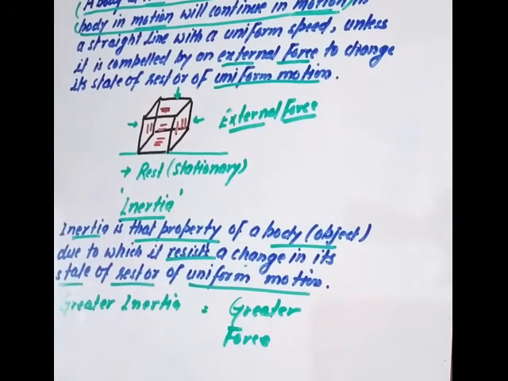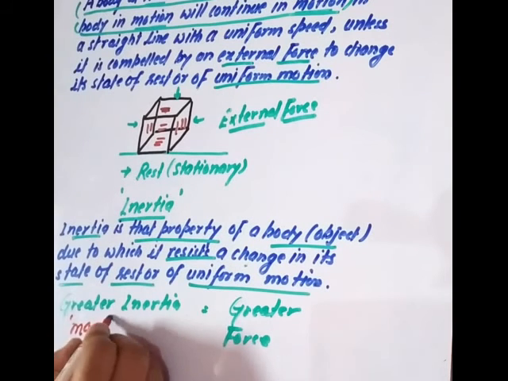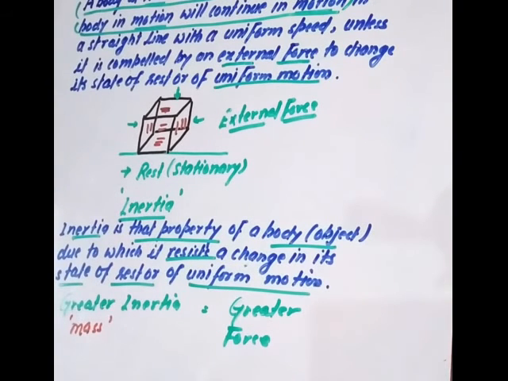A body has more mass. If a body has more mass, it has more inertia. If a body has lighter mass or less mass, it has less inertia.